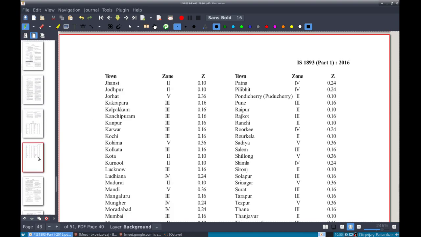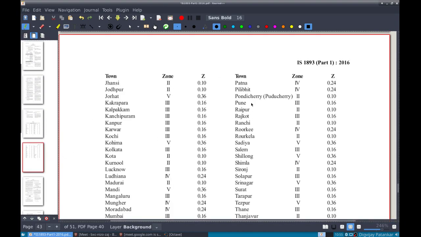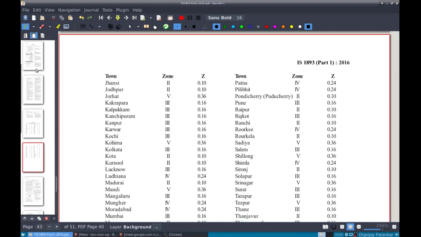So this is the table where you can see Roorkee, and then zone is 4 and zone factor is 0.24. So use that.